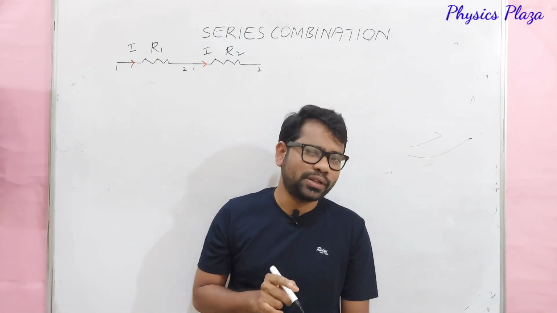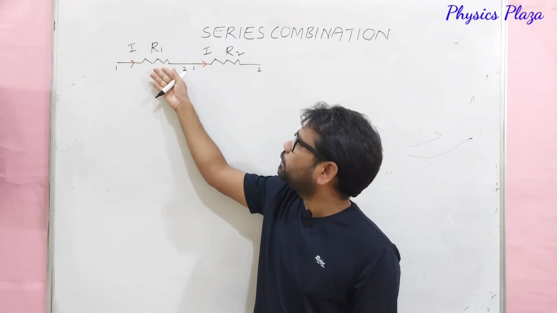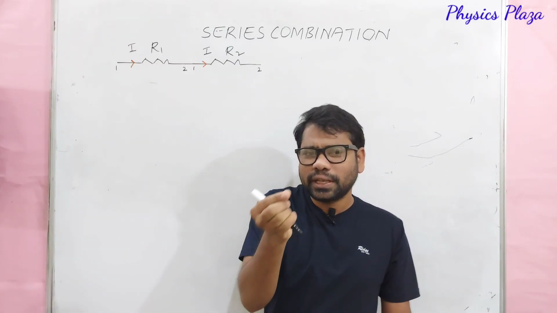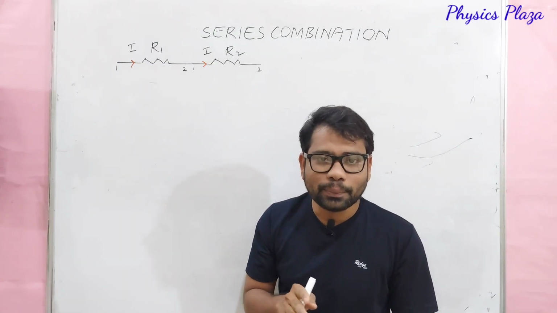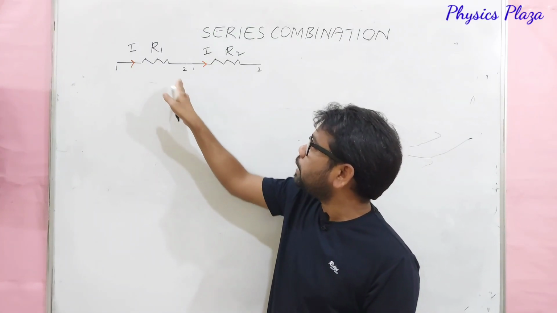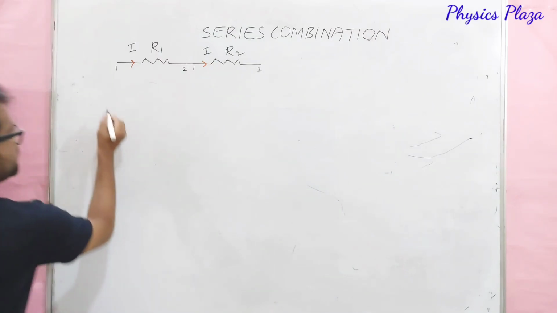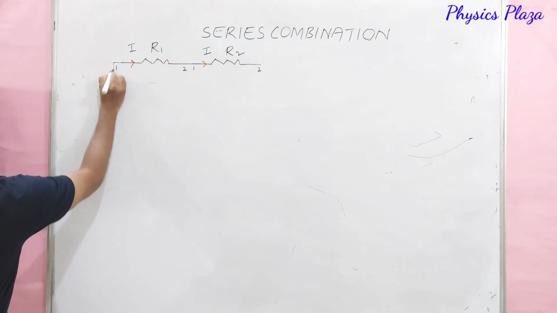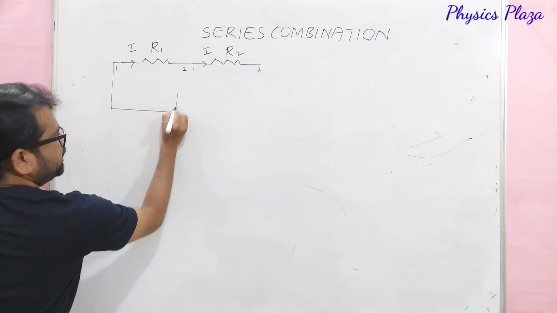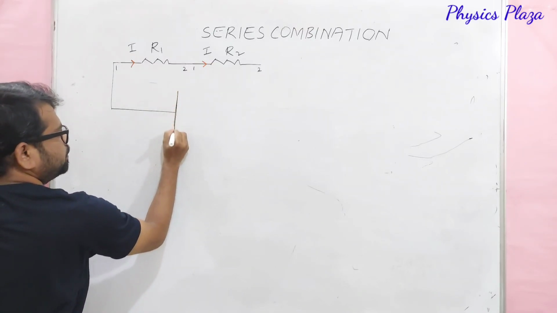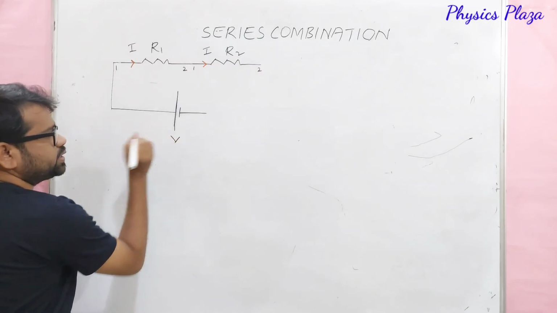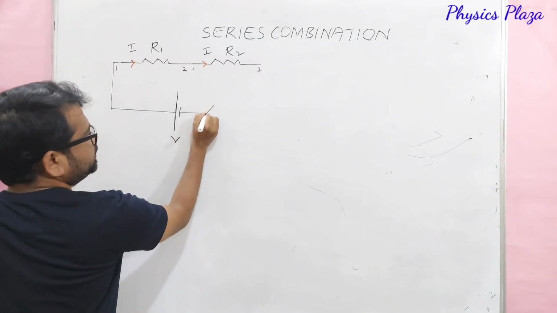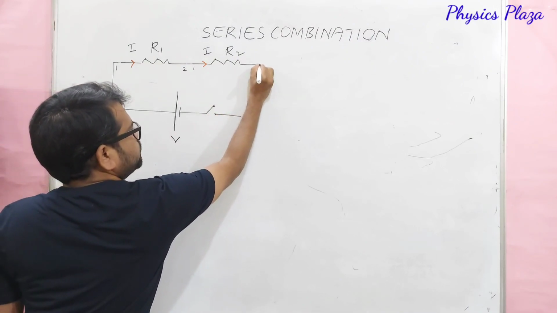Practically it is not possible, because we know that across every resistor there is definitely a loss of energy. But we are talking about the ideal case, where the same amount of current flows. When these 2 resistors are connected in a circuit, let us say here is a battery whose potential difference is V, and here is a key.